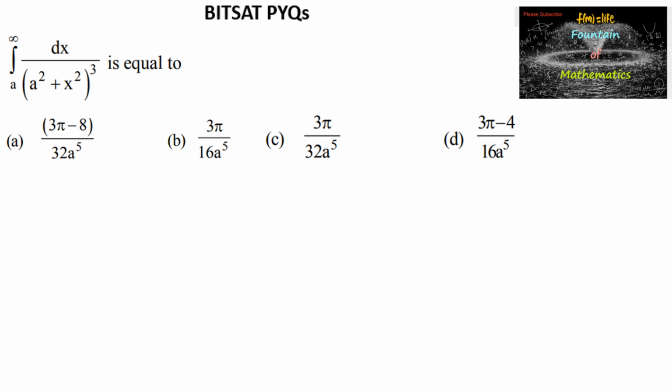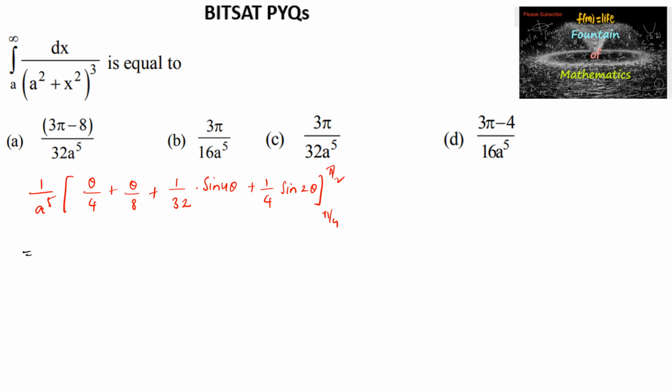Sorry, here this is theta by 4, so we can write 1 upon a power 5 into theta by 4, plus theta upon 8 plus 1 upon 32 times sin 4 theta plus 1 upon 4 times sin 2 theta over the limits pi by 4 to pi by 2.